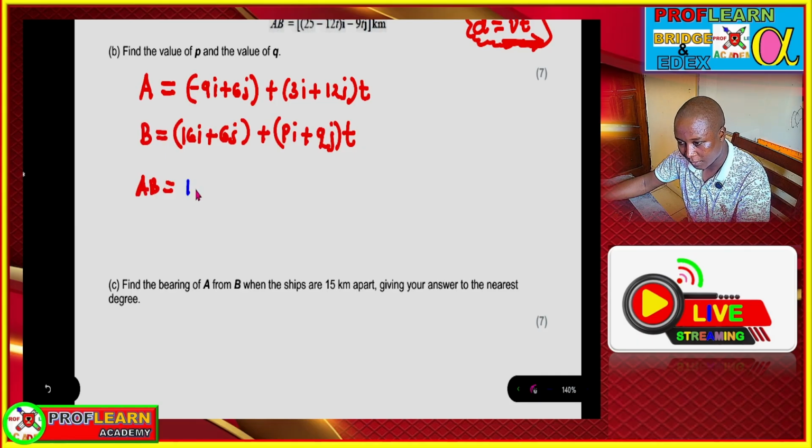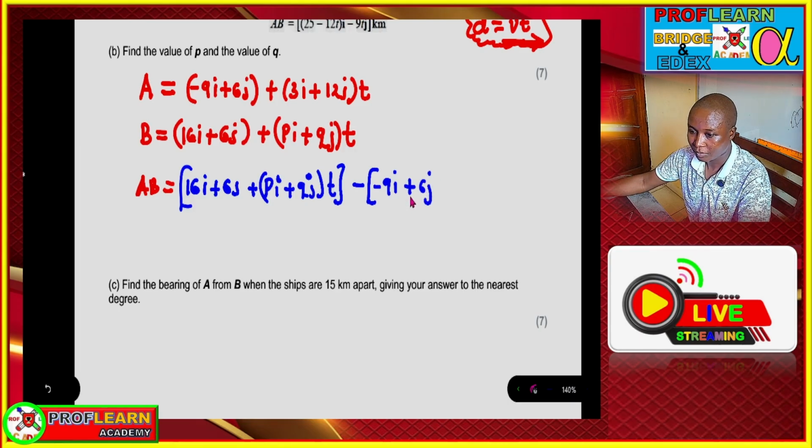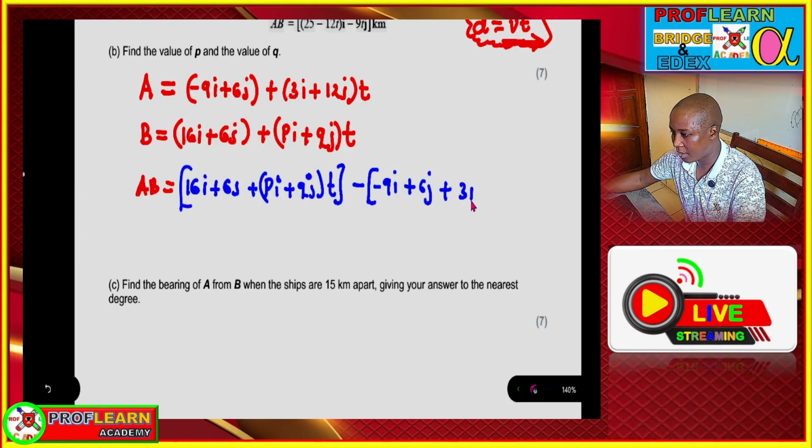So that's going to be 16i plus 6j plus (pi plus qj)t, and then we're going to subtract what we have here as negative 9i plus 6j plus (3i plus 12j) and close the bracket, and that is it.